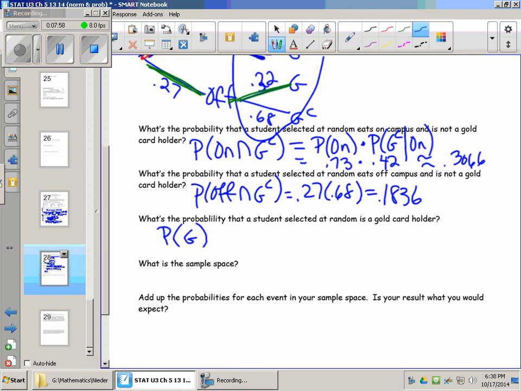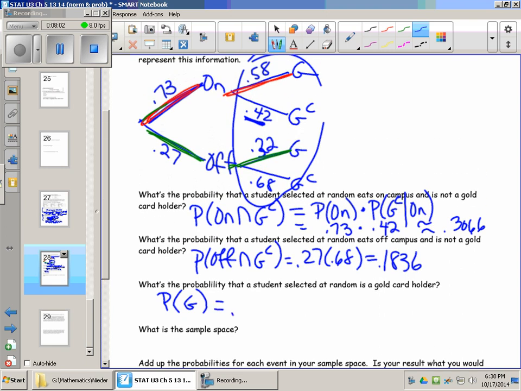So using our rules, we can do the probability of on and gold card holder, which means we multiply by 0.58, or, so that's a plus, eating off campus and being a gold card holder. Okay? Compute those, and you should get approximately 0.5098.